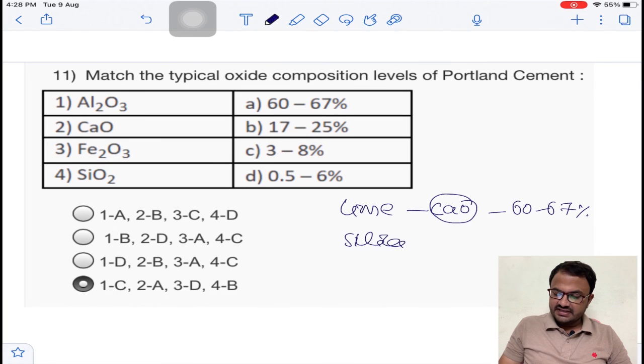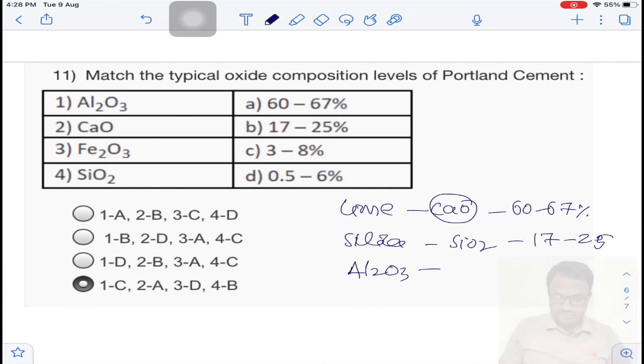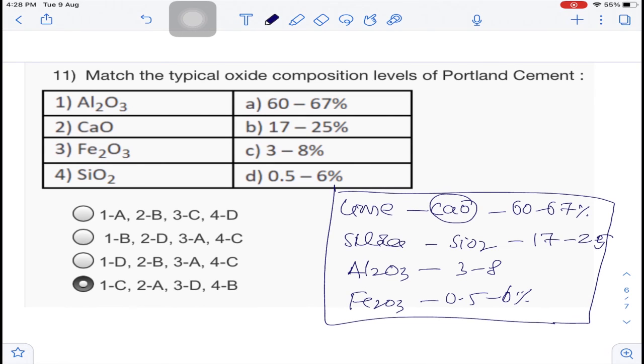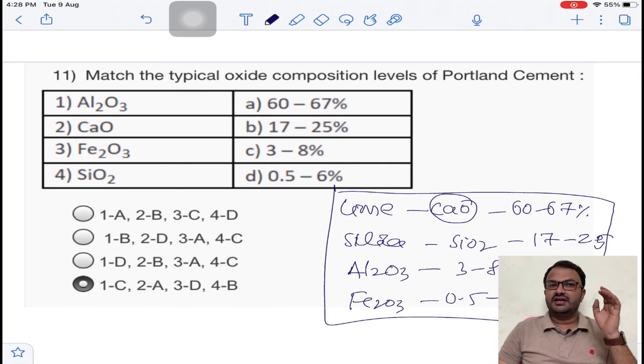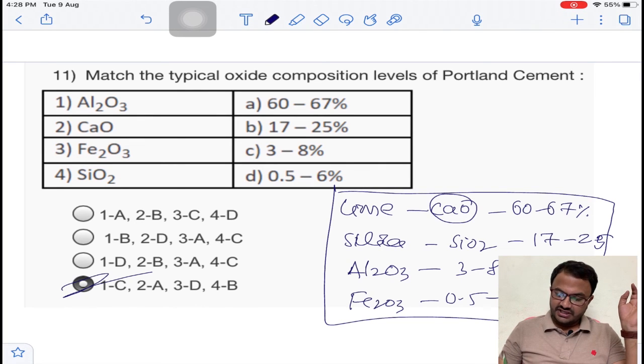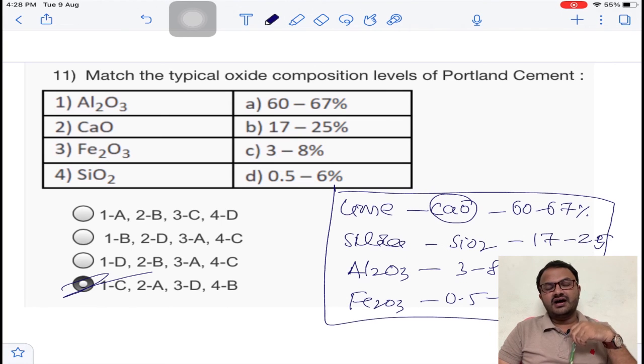Silica is nothing but sand, SiO2. It ranges from 17 to 25%. And then alumina, Al2O3, ranging from 3 to 8. And iron oxide, ranging from 0.5 to 6%. These values are very important. Lime, silica, alumina, iron. You need to memorize all these values. For question number 11, the answer is D.